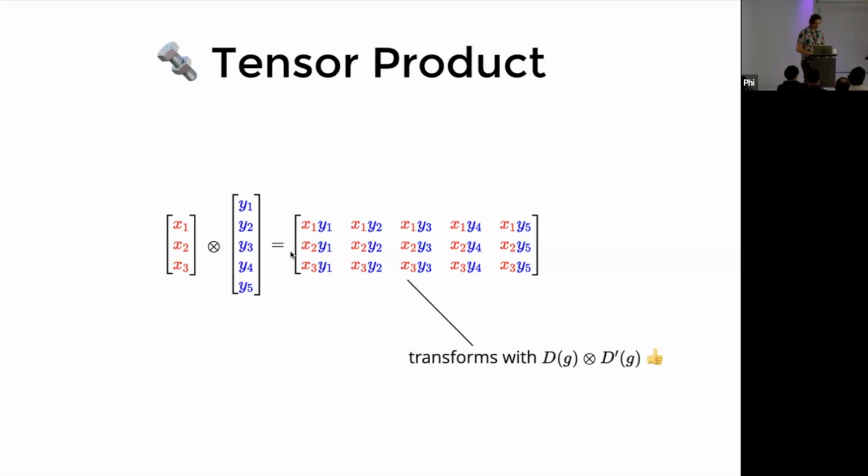You can show that this big matrix, if you rotate the two inputs x and y, will change completely. But it happens that the way it changes fulfills the requirement to be a representation. So that's good. The downside of this operation is that, as you can see, it increases the dimensionality of your vector a lot.